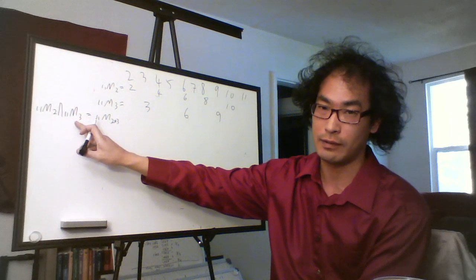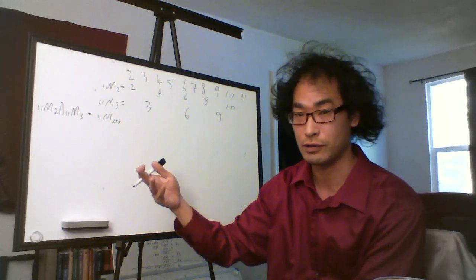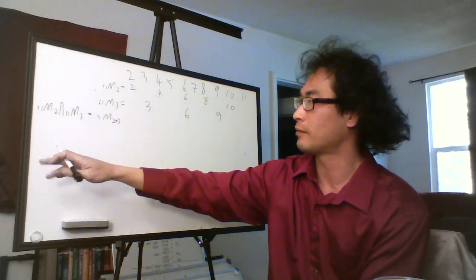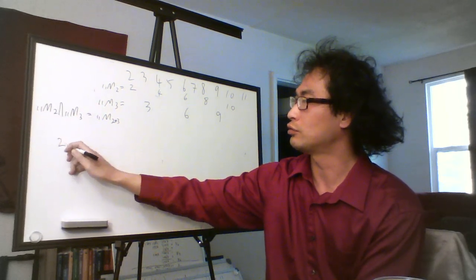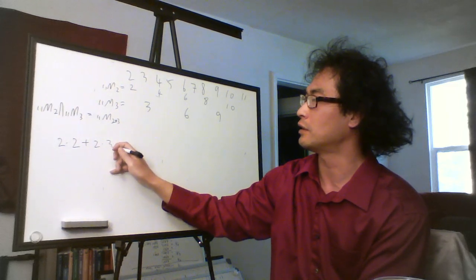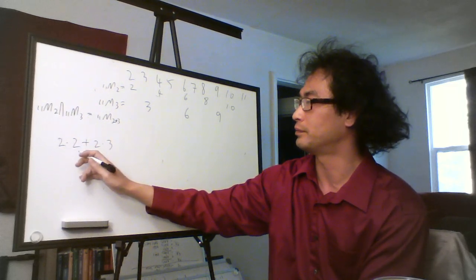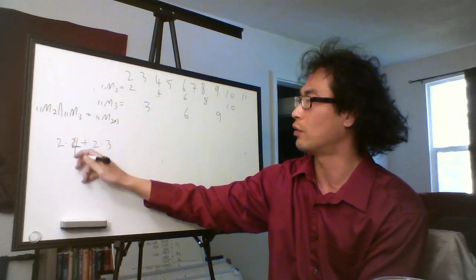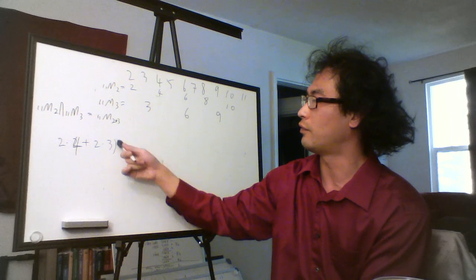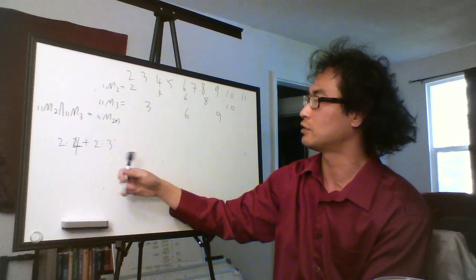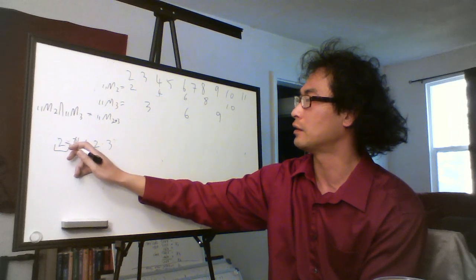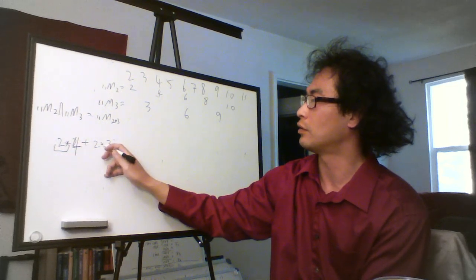11M is common, right? We are recognizing some patterns. You extract that, factor it out, just like 2 times 4 plus 2 times 3. You extract the 2 multiplied by, because they're common.